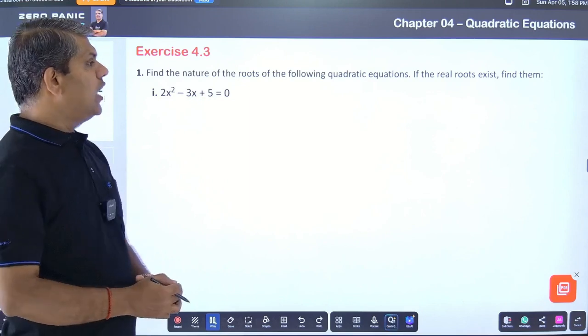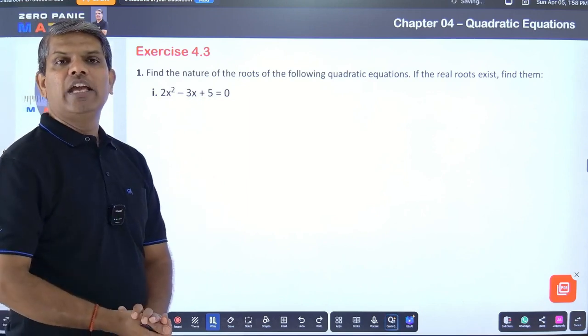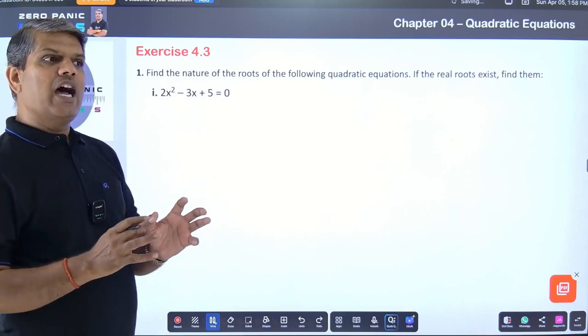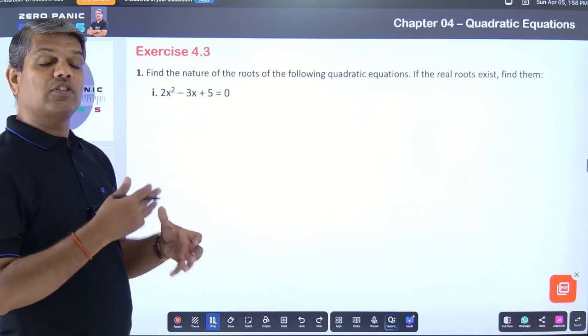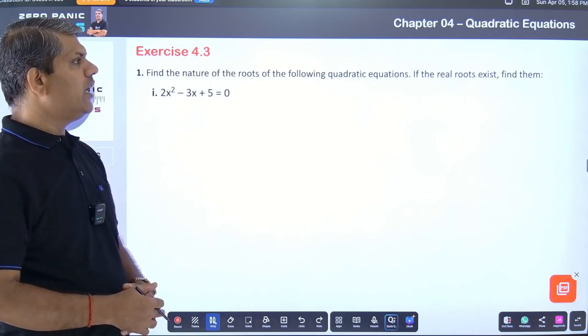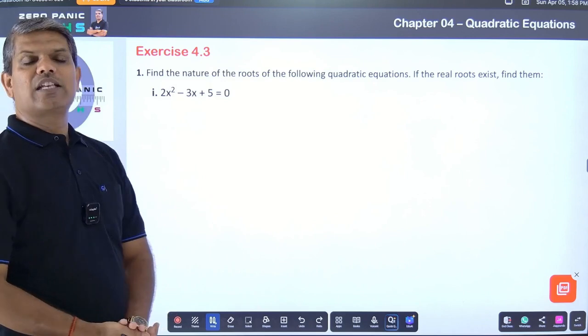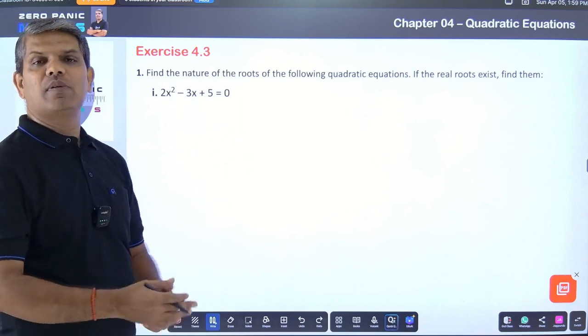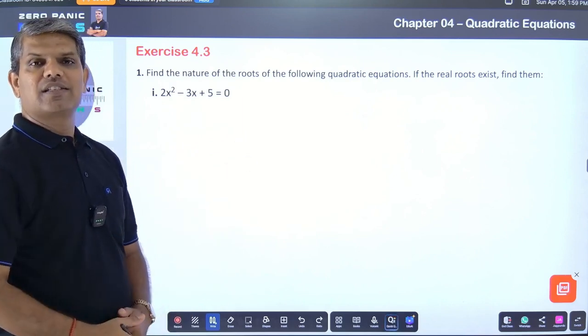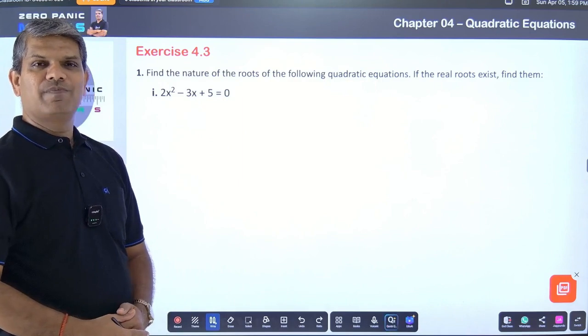Let us stop our discussion here. We have seen some examples and the derivation of the formula for finding the roots of a quadratic equation. Let us discuss the exercise problems 4.3, which are similar examples, in the next session. Okay, thank you.